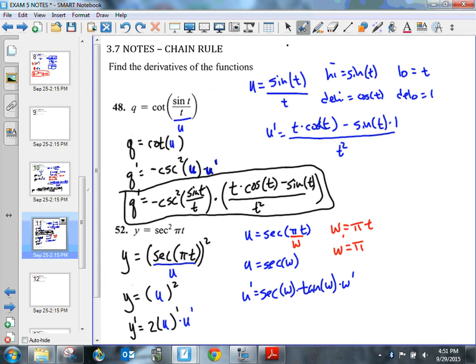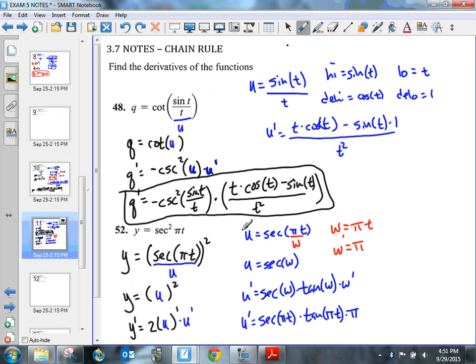So if I rewrite this u prime in terms of t now, I get u prime is equal to secant of pi t times tangent of pi t times pi. So now I had to chain the w and the w prime back into here.